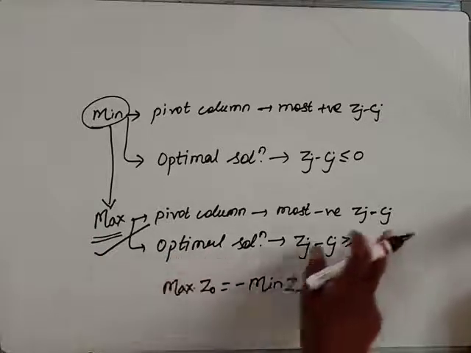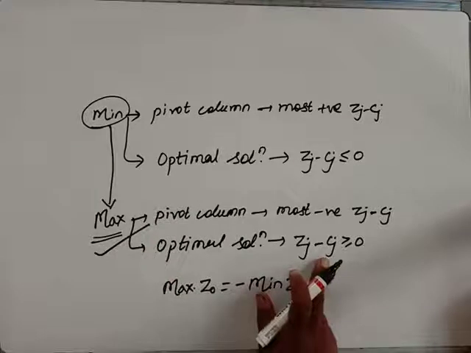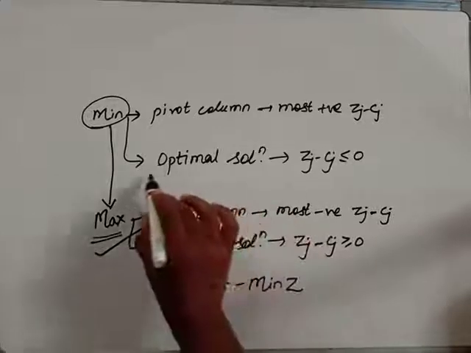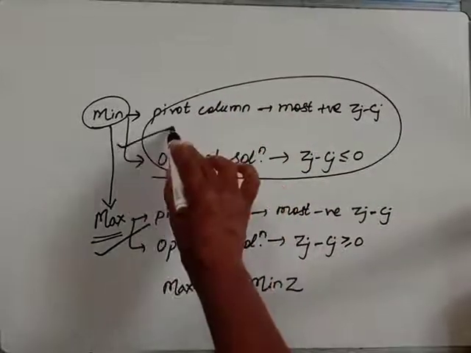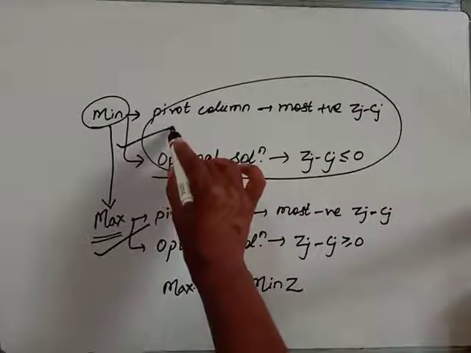So we will solve the problem using this case. I have solved two problems this way and prepared two videos for that, but now let me solve one problem directly from minimization.